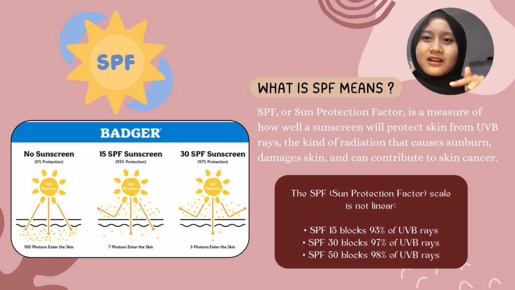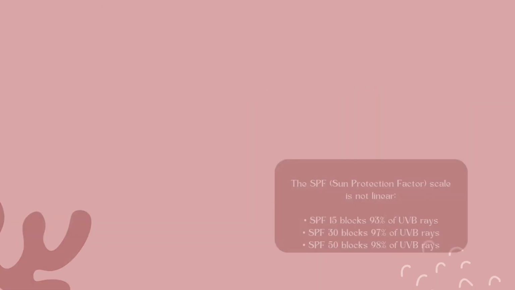As you can see there, for instance, SPF 15 blocks 93% of UVB rays, SPF 30 blocks 97%, and SPF 50 blocks 98%. But remember, SPF is not linear. Doubling the SPF doesn't mean doubling the protection. It's all about reducing the number of rays that reach your skin.